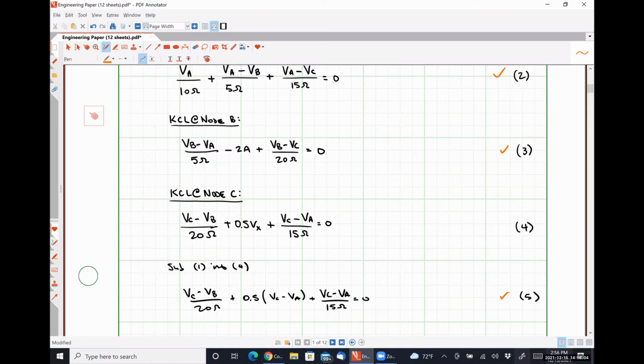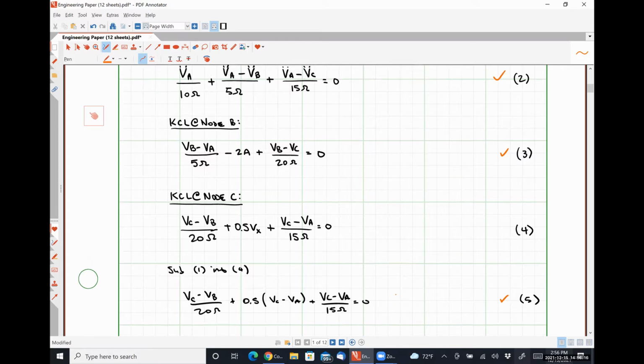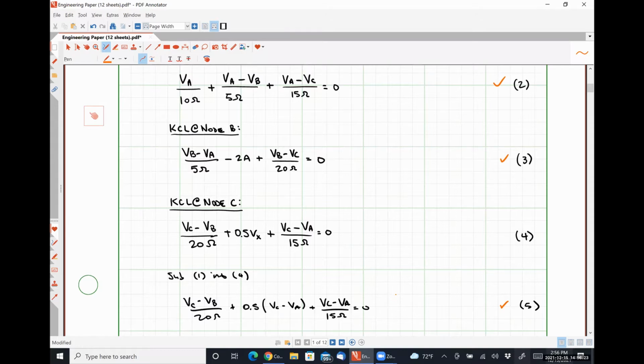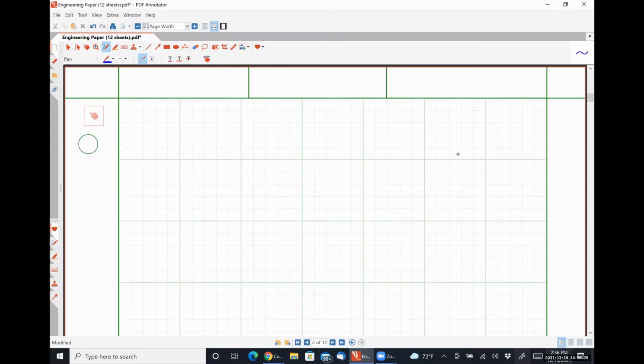Our calculators are good enough to take care of all these nasty fractions and all that kind of stuff. But we have to know how to input the correct things, right? So for instance, the coefficient for VA, effectively we're doing a matrix here. We're not actually going to use the matrix.